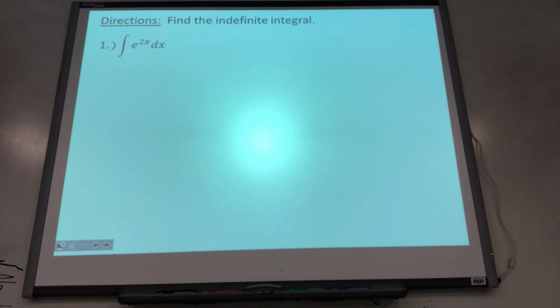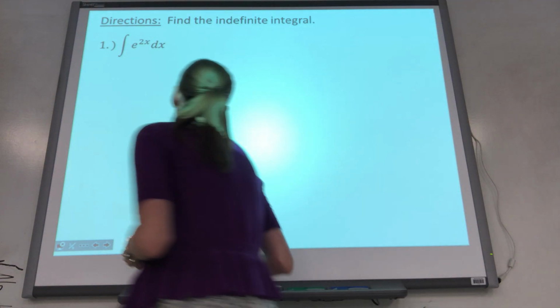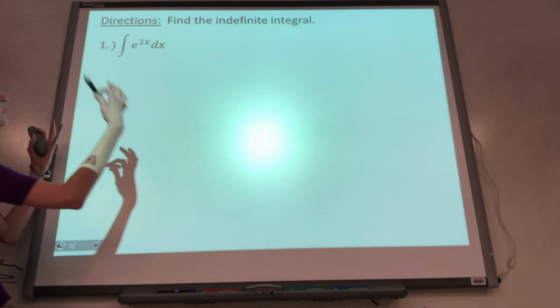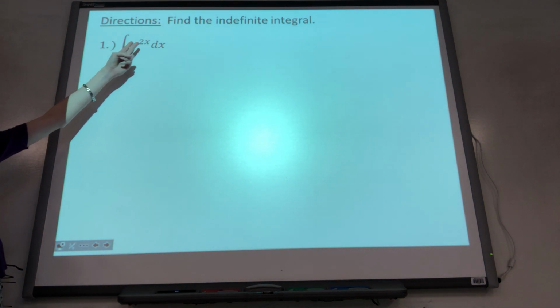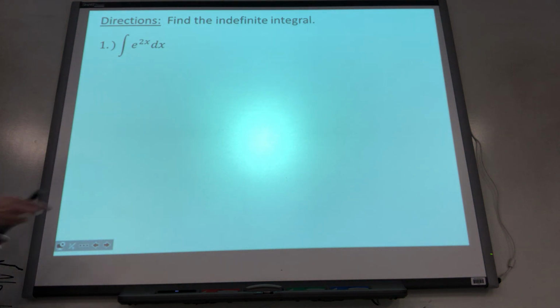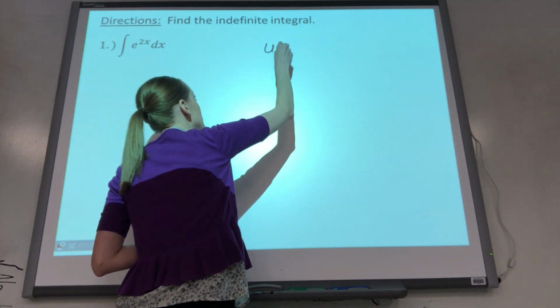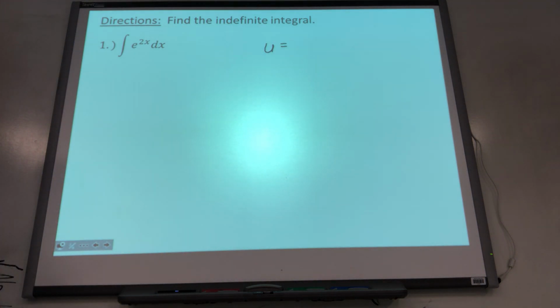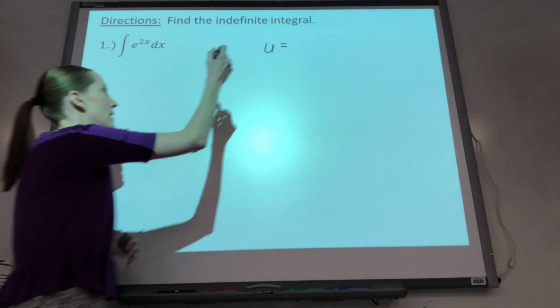Okie doke. So here's example 1. We are integrating e to the 2x dx. Obviously, this would be classified as e to the u because it's not just x, it's 2x. And so I'll go out to the side here just like I usually do with u substitution.